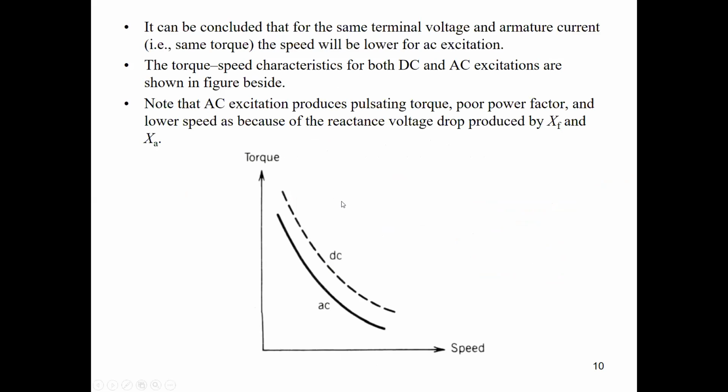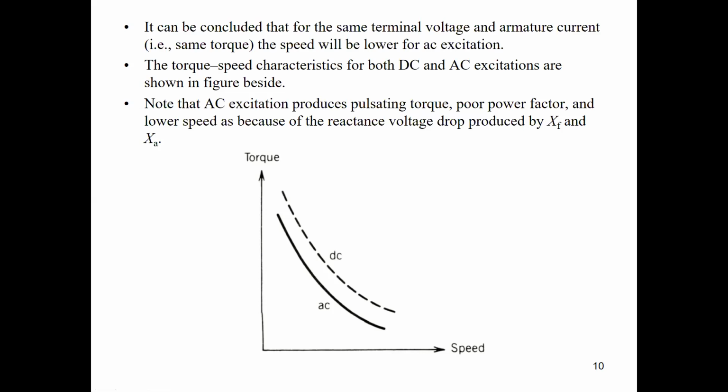So continue with the characteristic. If we have such a characteristic and we would like to plot the characteristic of the machine, you will have a difference between the two characteristics according to DC and AC excitation.